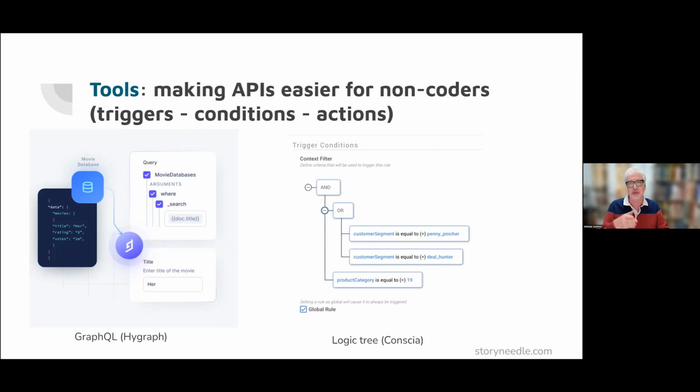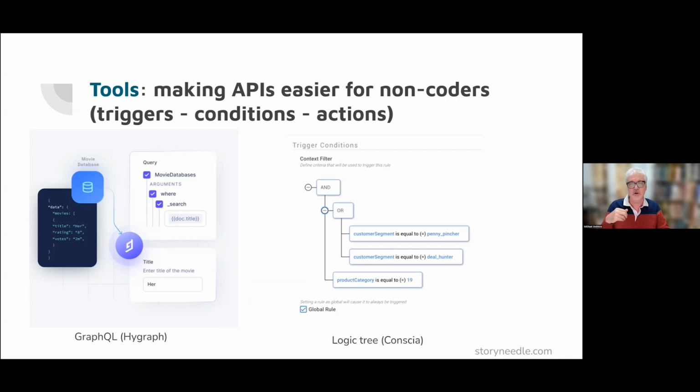criteria where they look at triggers, conditions, and actions they want to happen. The tools work in different ways. Some of them are based on something called GraphQL. If you are at all technically curious, it's a great thing to learn about. It's not a super hard thing to learn about, so if you have an inclination that way, it could be a worthwhile thing to know about.